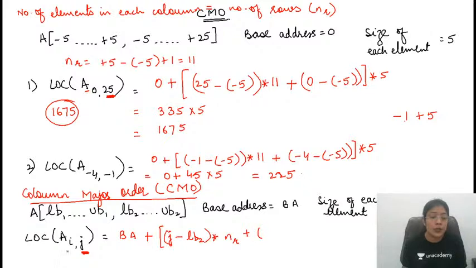Plus required row number is I, starting row number is LB1, into size of each element. 6 columns you need to skip. Why?